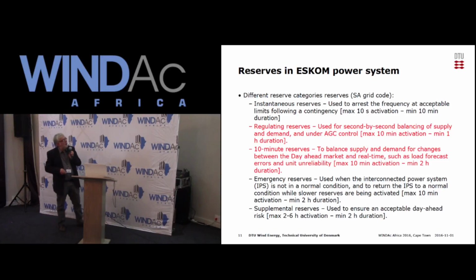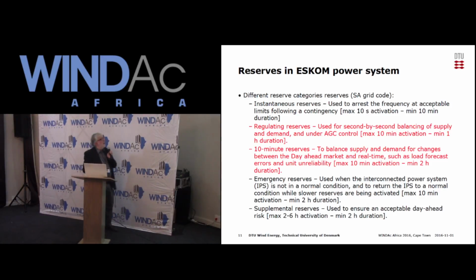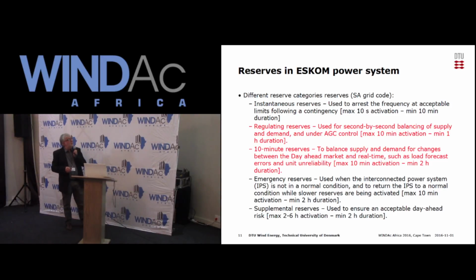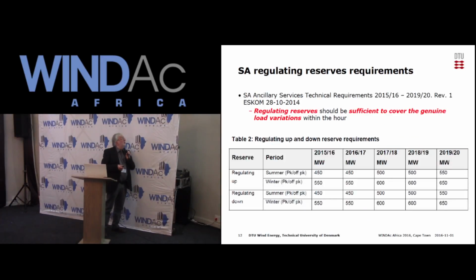So which of those categories we actually activate is an important thing for the costs of the frequency control in the system. We want to use more of the cheap and less of the expensive, of course. And then there are 2 other categories of emergency and also supplemental reserves, and they are not really considered in this study.